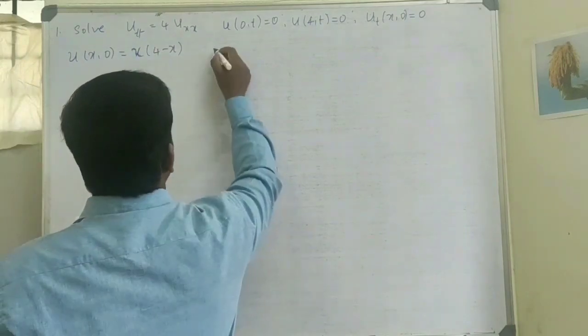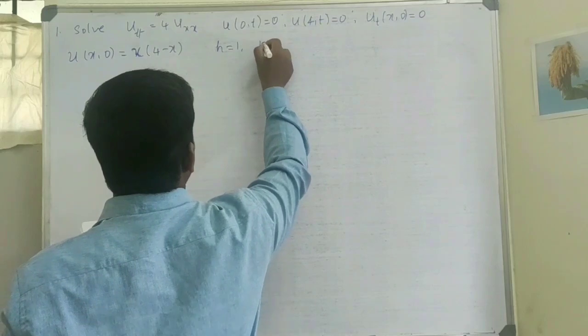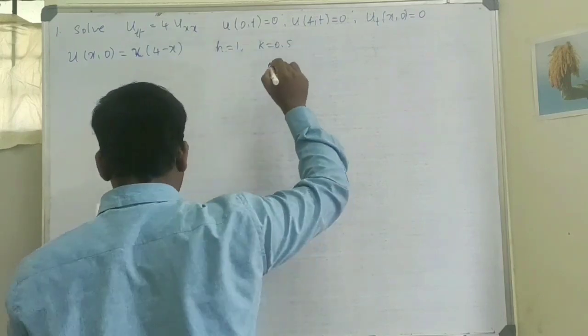By taking h equal to 1, k equal to 0.5 up to 4 steps.